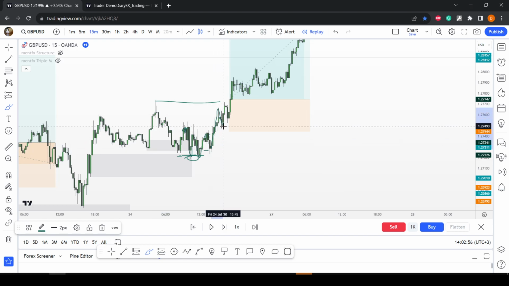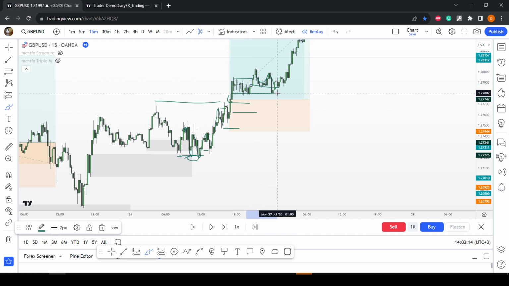More entries were possible maybe here after this impulse correction on the break. Protect yourself here and this one. Then you had this entry which never reached this deeper zone. Break here, correction into the zone, so the entries were possible here.